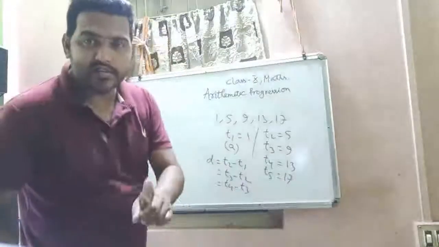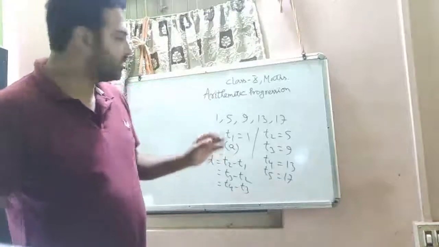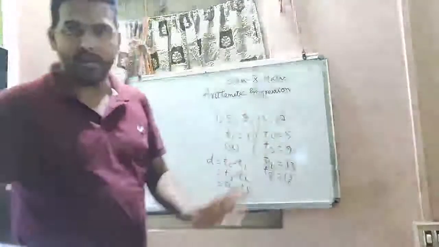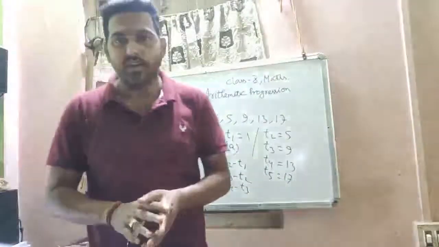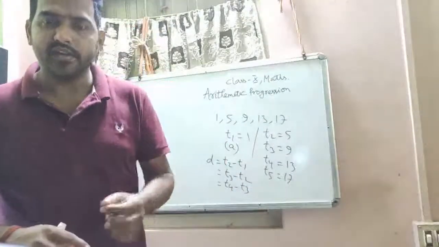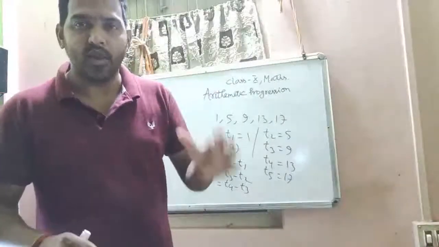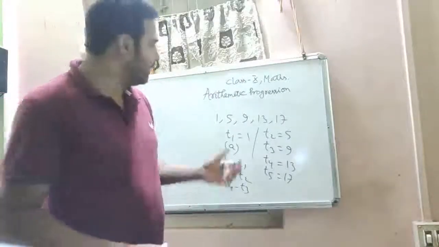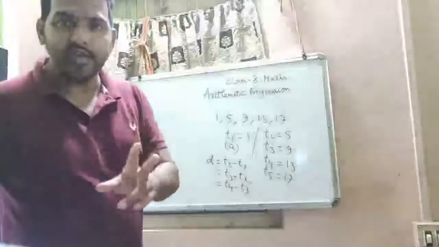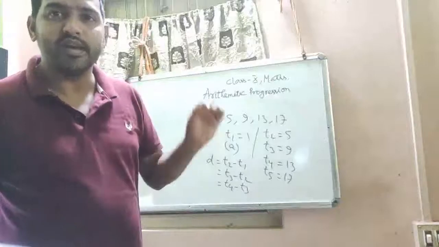In all cases the difference should be same so that the numbers can form an AP. So what we have learned right now, the first number present in the series forming an AP is symbolized as A, and the common difference between any two successive numbers is represented by a symbol D.